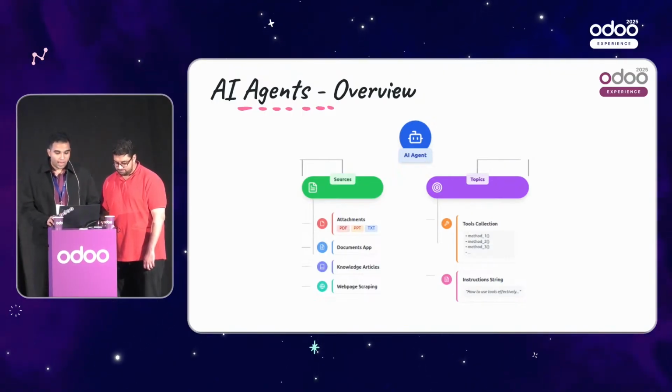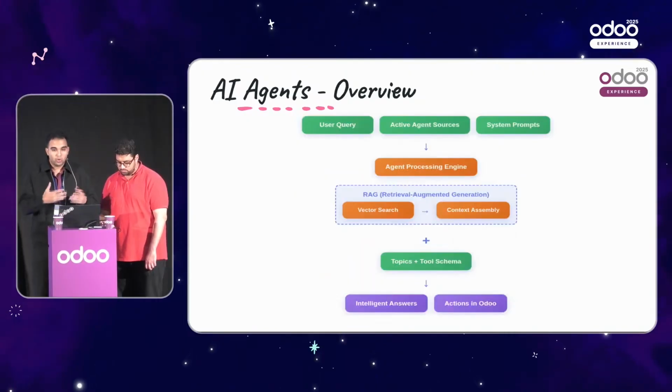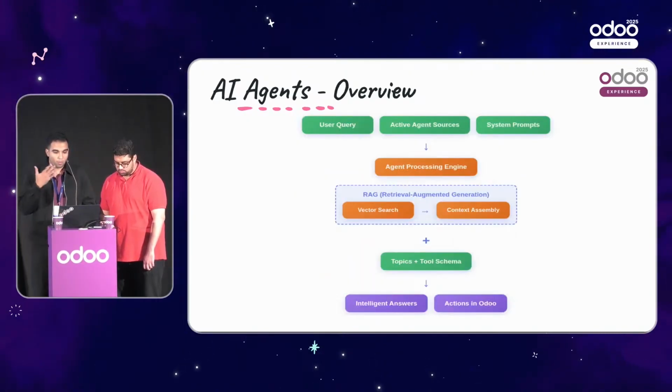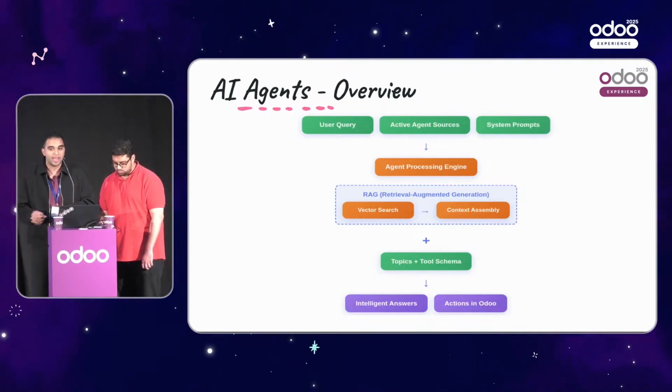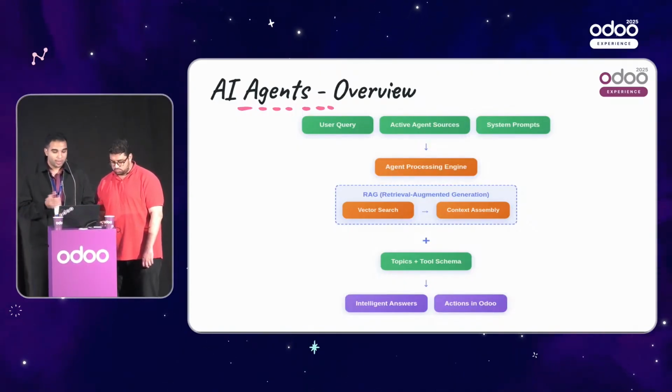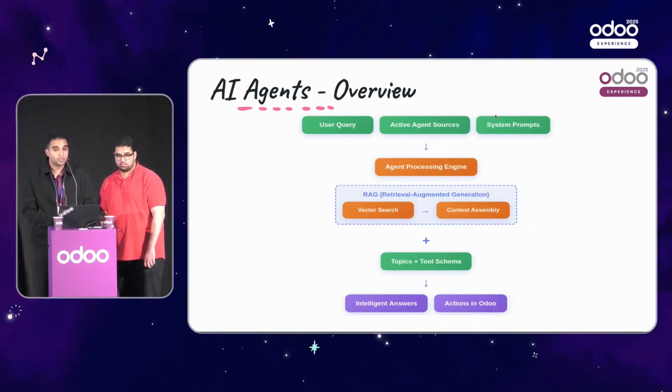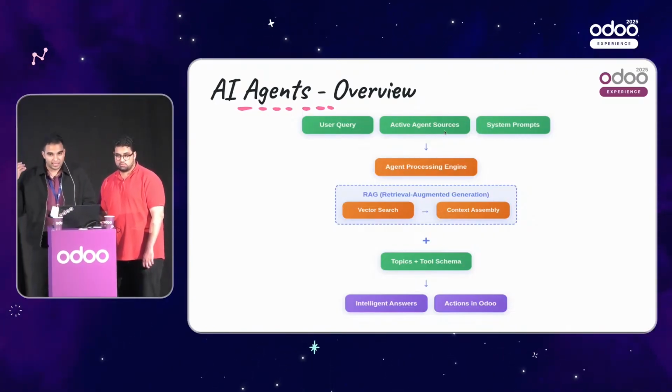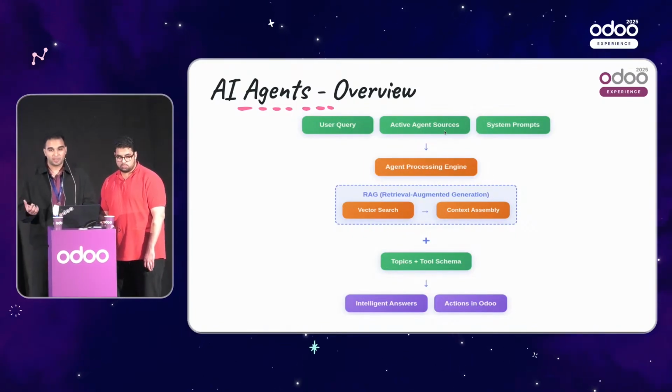So I'm going first to show you an overview of what happens at the time you are writing a prompt or you're asking the AI agent a question. The agent has three things: the user query or user questions, plus the active agent sources that you have already added before, and the system prompts that you have already provided as well when you are building the agent.